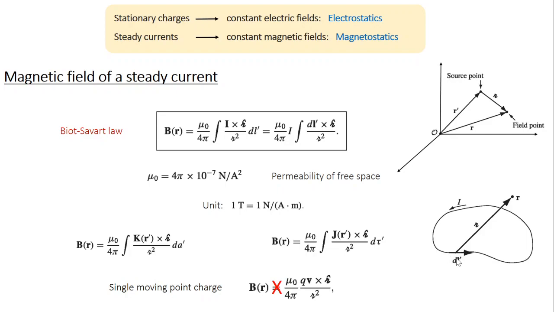That's why I call this dl prime, because this is the source of the magnetic field. Now I want to find the magnetic field or electric field at a reference point. That point I call the field point, and the position vector of that reference point is r. And the separation between the source point and the field point is this r.